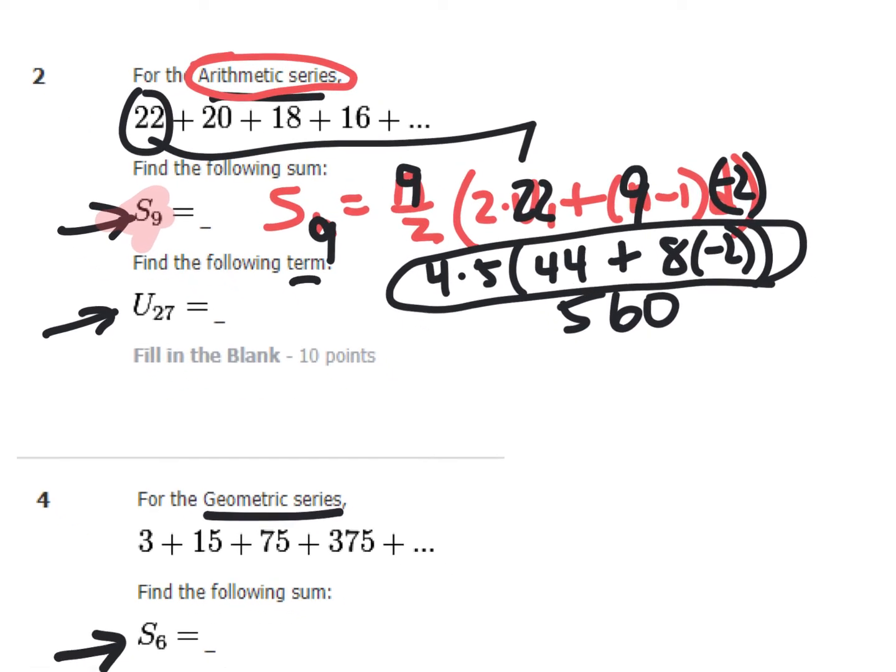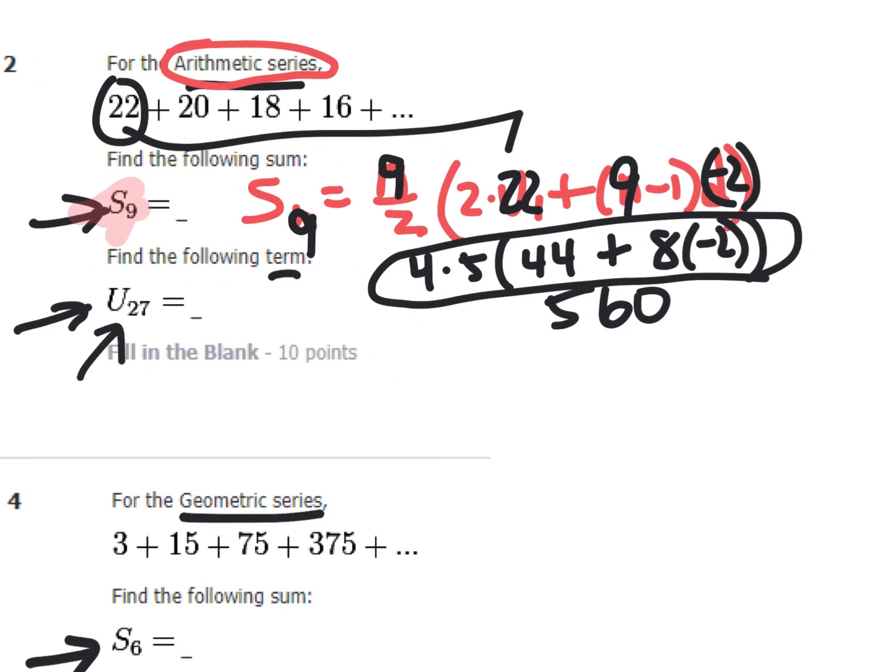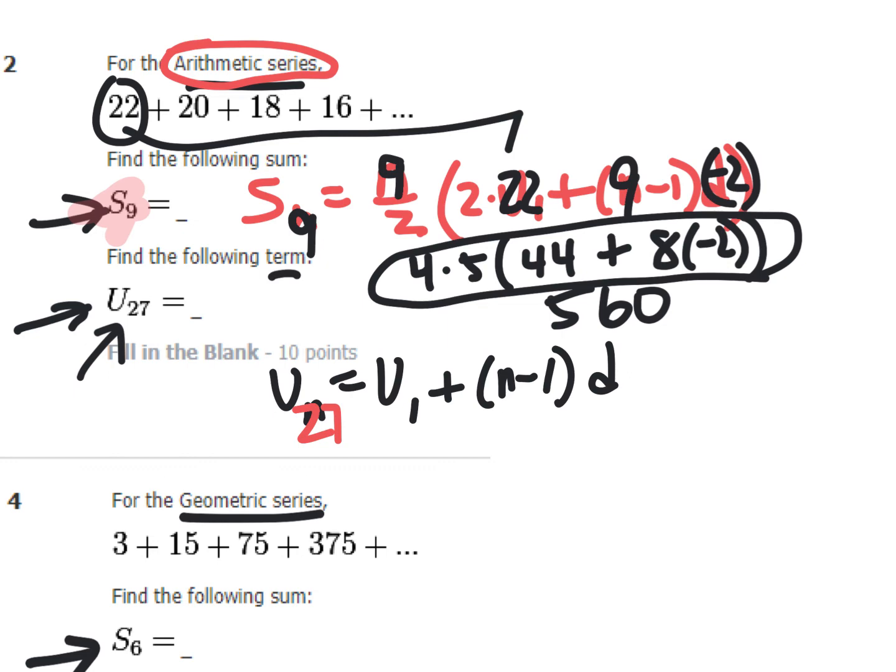All right, next up, the 27th term. Well, that's this formula: u sub n equals u sub 1 plus n minus 1 times d. Then I'm going to put in all the things I know. I know this is 27. I know u sub 1 is the starting number, so that's 22.